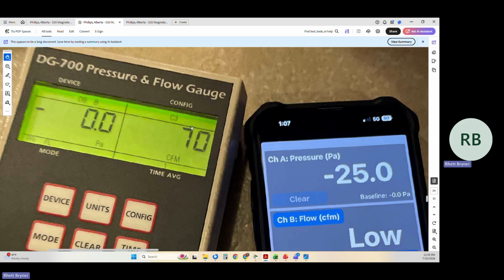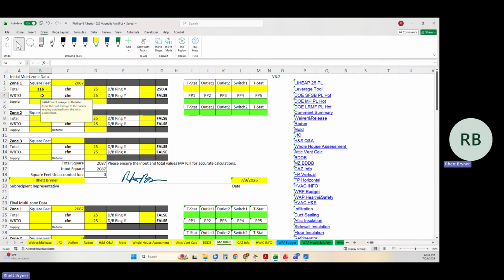Your reading that you get here is going to be how much air is actually escaping to the outside when the system is running. So in this test, this is how much air is coming directly from the outside, from all the little gaps and cracks and seals in the entire ductwork. That's what this reading is. So we're going to get 70 and we're on ring 3. So this number here, 70.